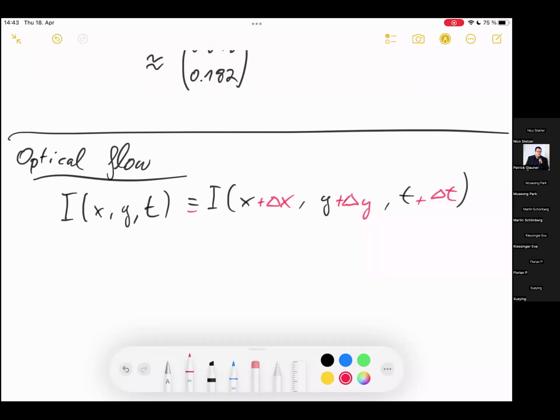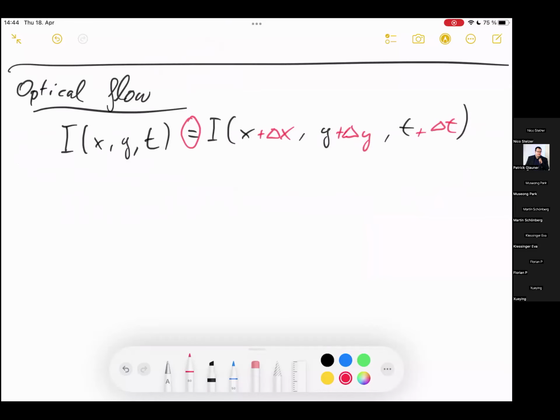So this is our brightness constancy we assumed before, because we said that the pixel moves in x, y as the time moves, but its intensity is the same.